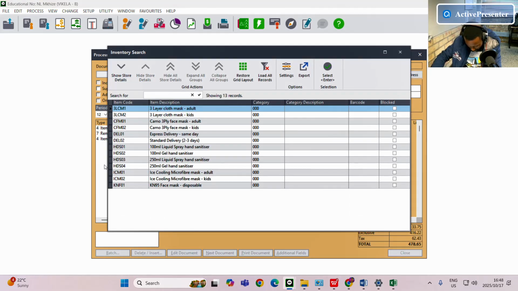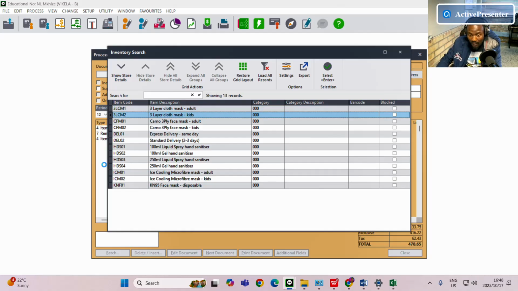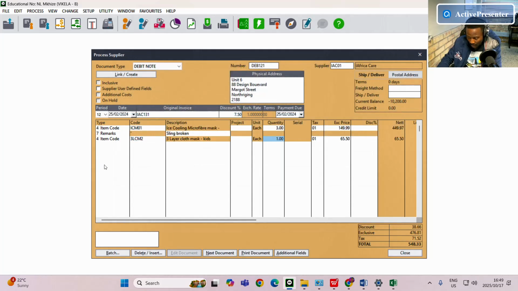It's three layer cloths. Okay, is it for kids? Oh yeah, it's for kids. The three layer cloths. Then it's three, that's the quantity. Then the unit price for kids was 45,50. And then the reason, 7, enter.